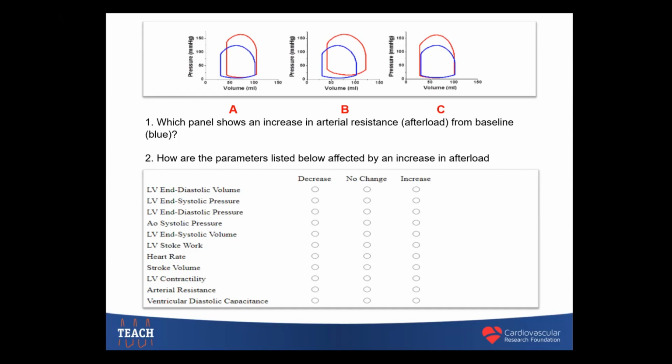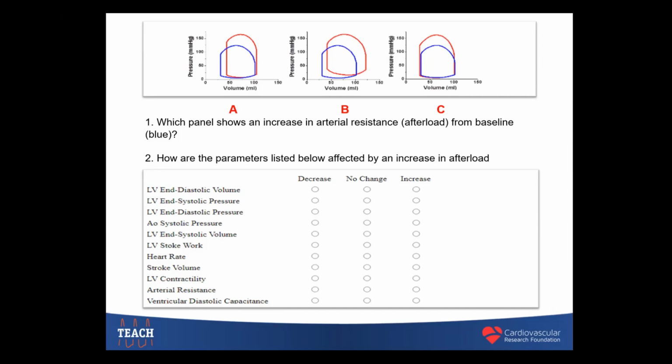If you have an increase in afterload, your stroke volume will go down, right? Because you'll generate less force. And if your stroke volume goes down, so less blood is ejected with each beat, then the amount of volume left over for the next beat will be increased, right?